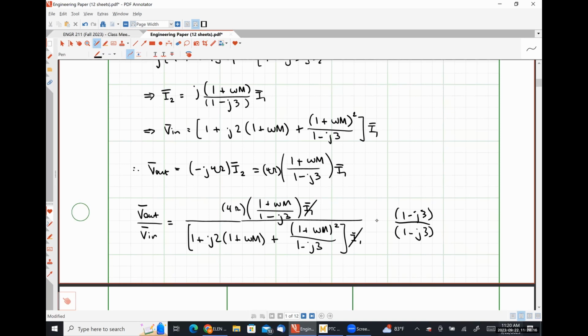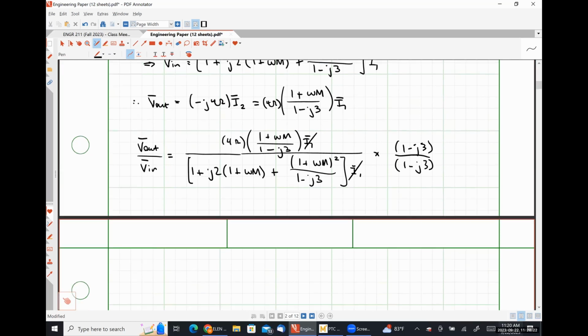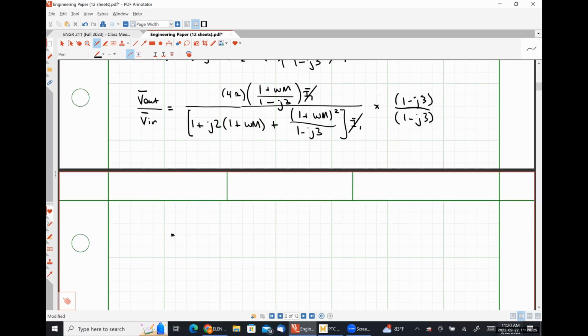That times there looks too much like a less than sign for me, so there we go. So what this is going to leave me with is 4 times 1 plus omega m divided by 1 plus j2 times 1 plus omega m.